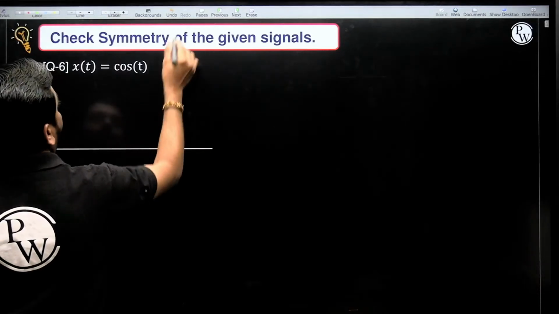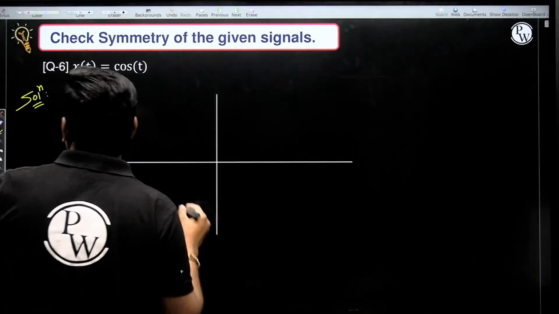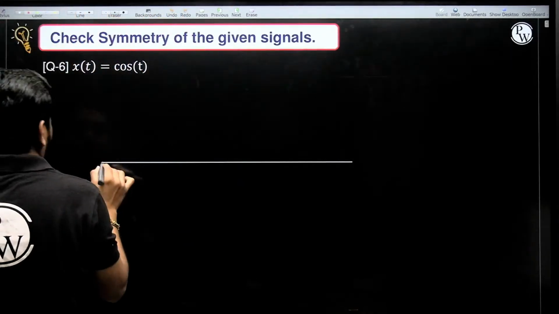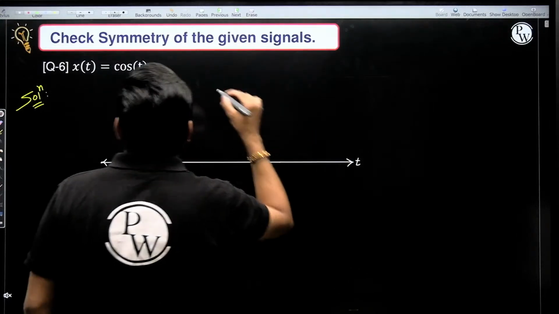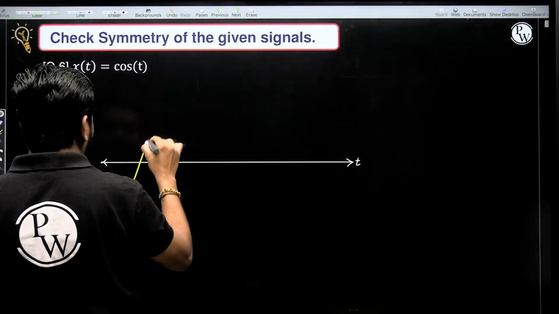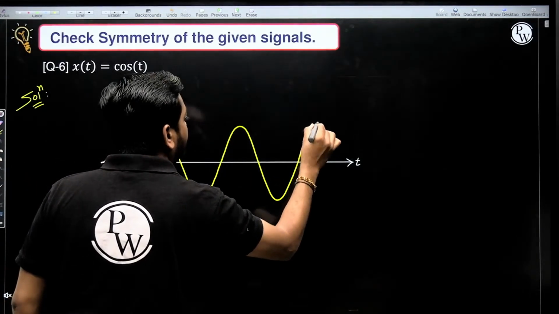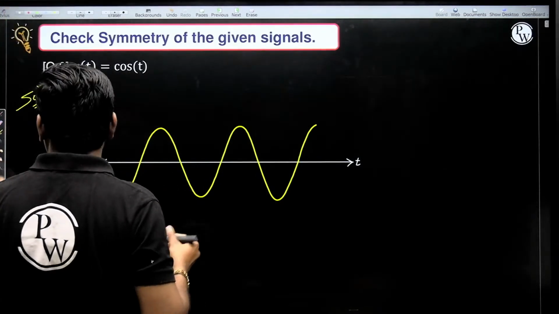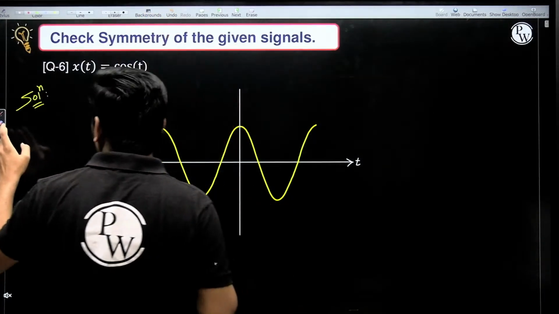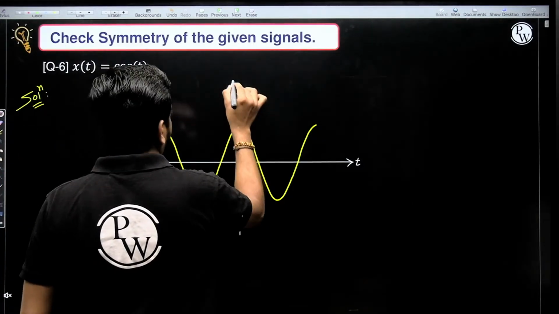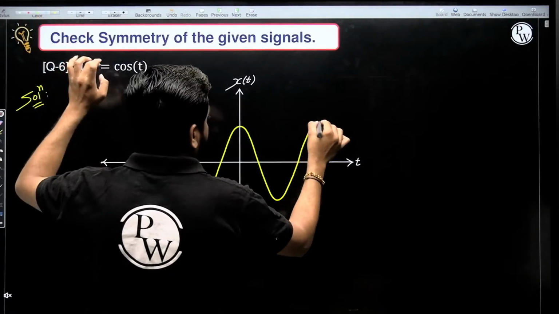Graphical representation of the cos signal, x of t.